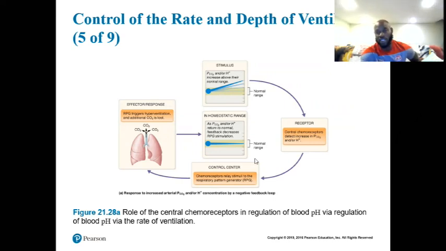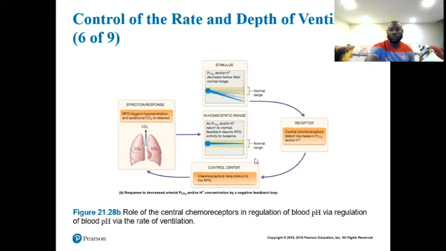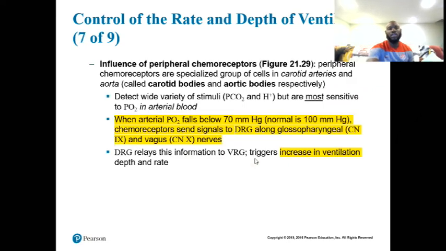Because remember, like we said, your blood pH has to stay at a certain range. And if it gets out of that range, or if the amount of CO2 in your blood gets out of a normal range, your body will respond by breathing faster or breathing slower. Showing you that.